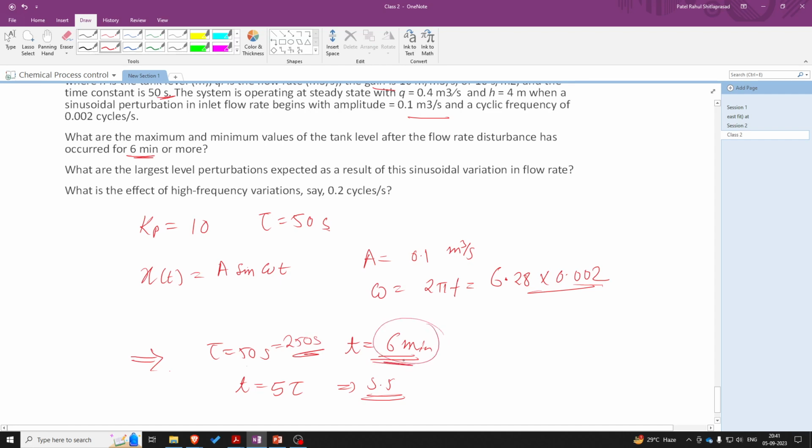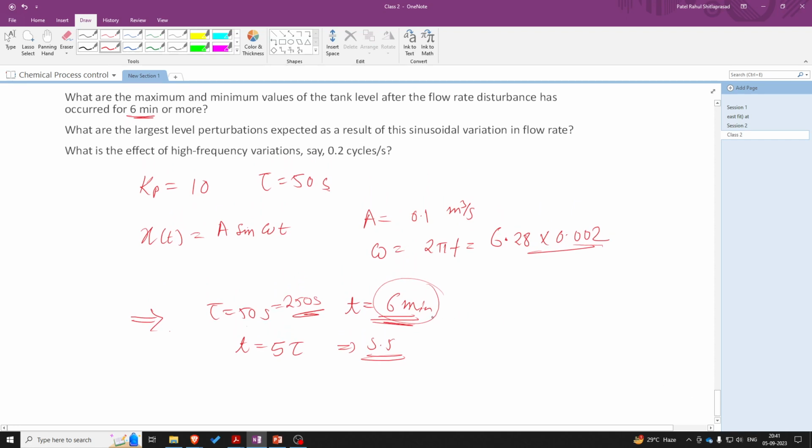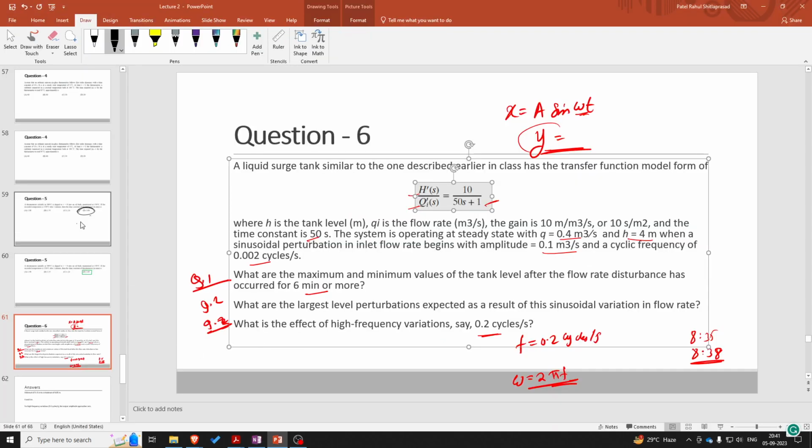That means by this time the system has already reached the steady state. So in order to find the maximum and minimum values of the tank level at this steady state, we can straight away use the amplitude ratio formula that we studied, that is in this slide.